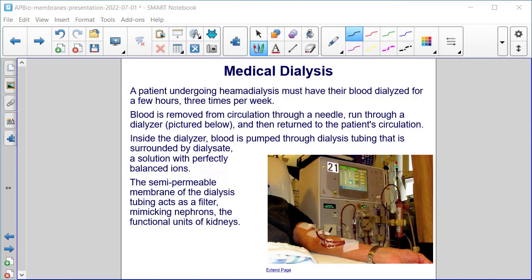Blood is removed from circulation through a needle, run through a dialyzer, pictured, and then returned to the patient's circulation. Inside the dialyzer, blood is pumped through dialysis tubing that is surrounded by dialysate, a solution with perfectly balanced ions. The semi-permeable membrane of the dialysis tubing acts as a filter, mimicking nephrons, the functional units of kidneys.